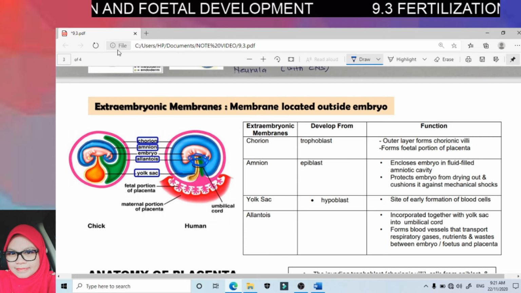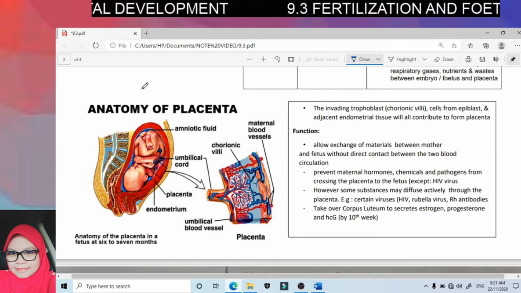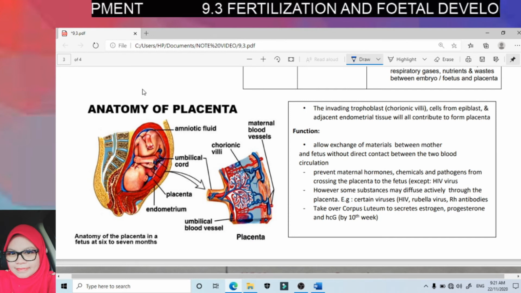And then let's talk about the placenta. This is the anatomy of the placenta.